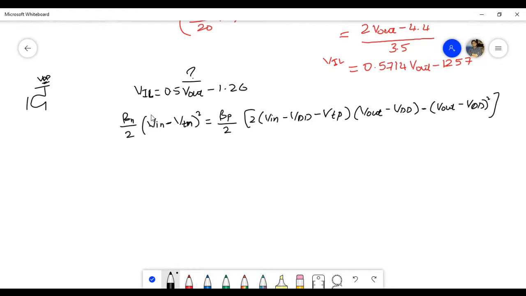In place of this V in, you can write VIL. Okay. Low. Input low. Here, suppose our input is low. Beta n by 2.